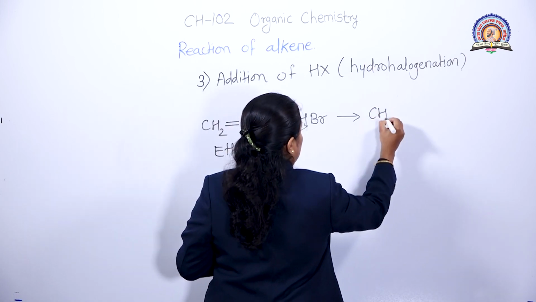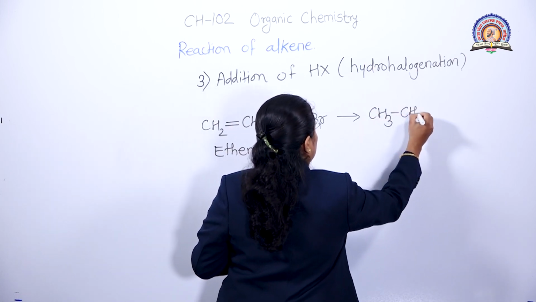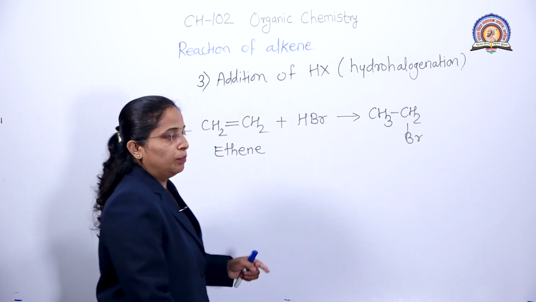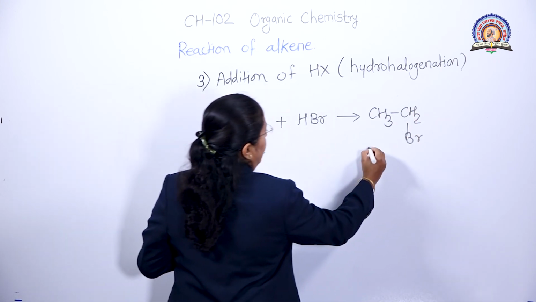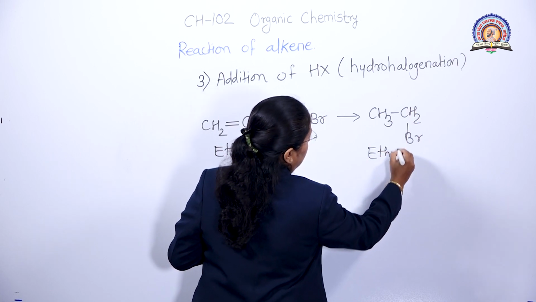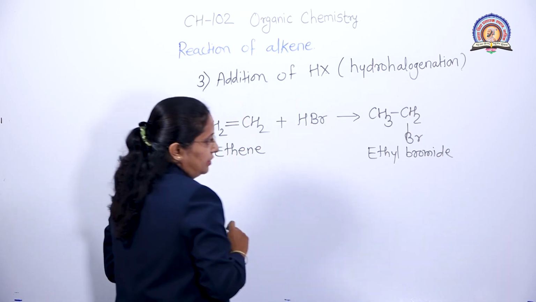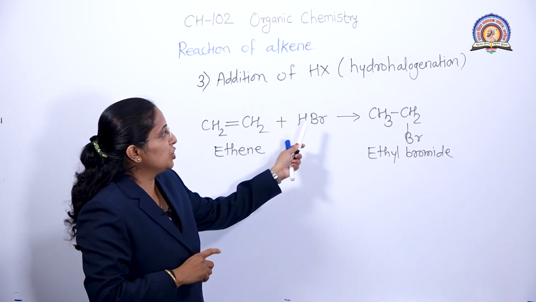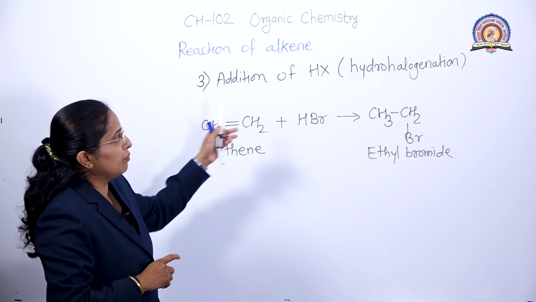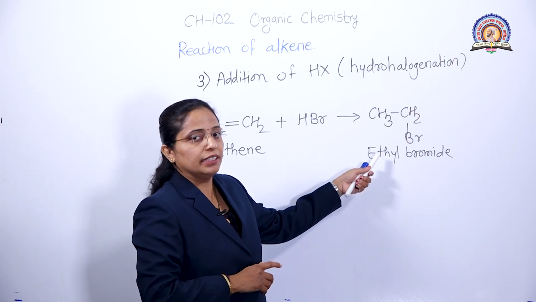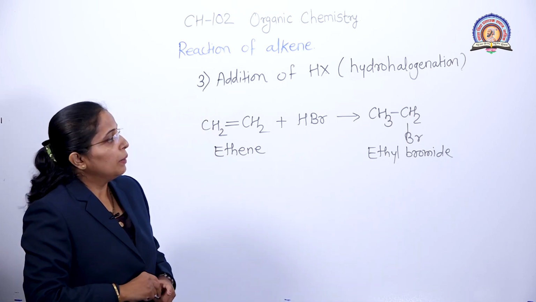So there is a formation of CH3CH2Br. So what is the name of this compound? Ethyl bromide. So this is ethene, and we get ethyl bromide. So we get the alkyl halide. Addition of hydrogen and halogen takes place, hence the name of the reaction is hydrohalogenation reaction, and we get the alkyl halide, that is ethyl bromide.